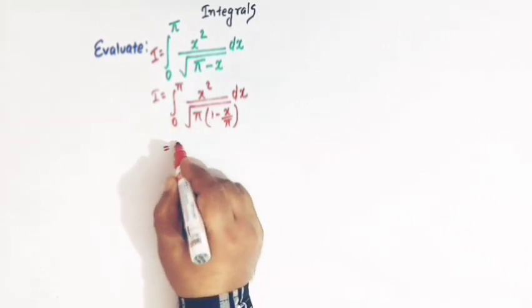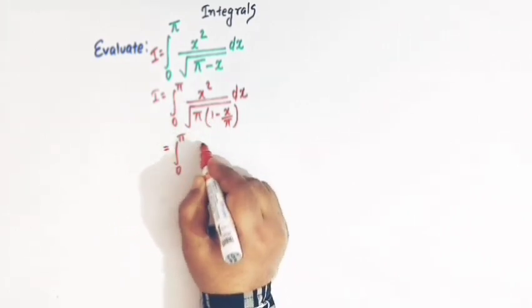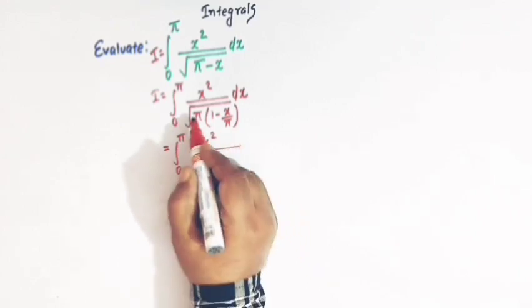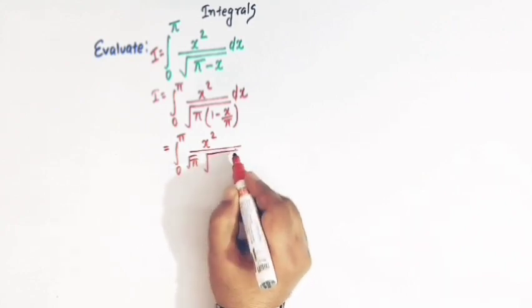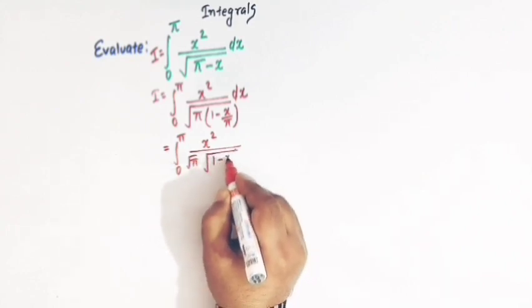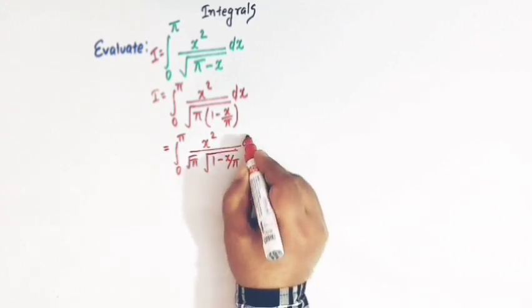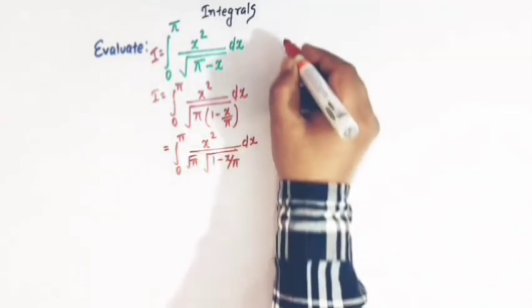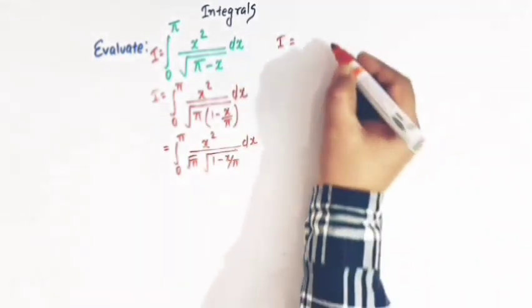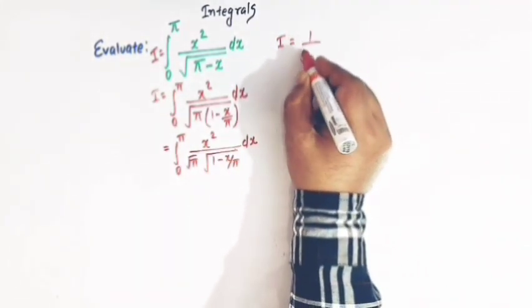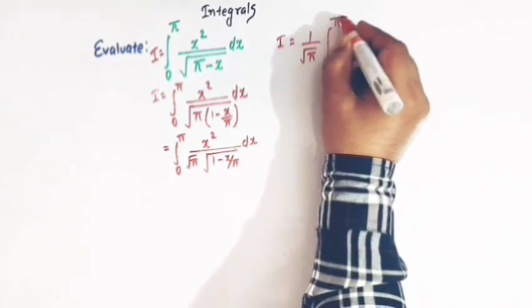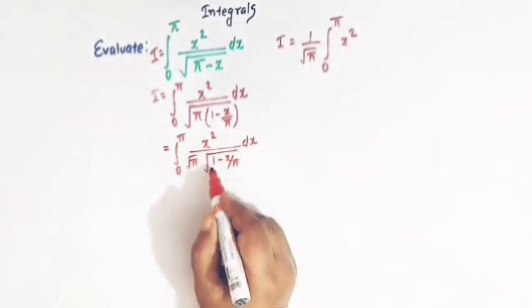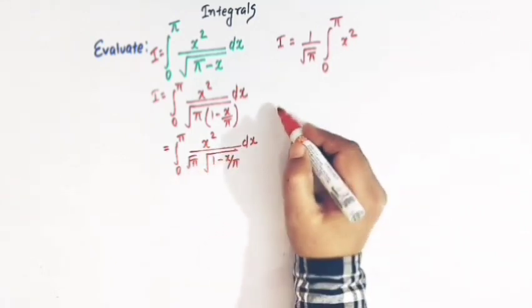Now we can write it as the integral from 0 to π of x², and we can take the square root of π like this, and then we have the square root of 1 − x/π, right? Now let us rewrite this integral as 1 over √π times the integral from 0 to π of x², and let us take this term to the numerator.